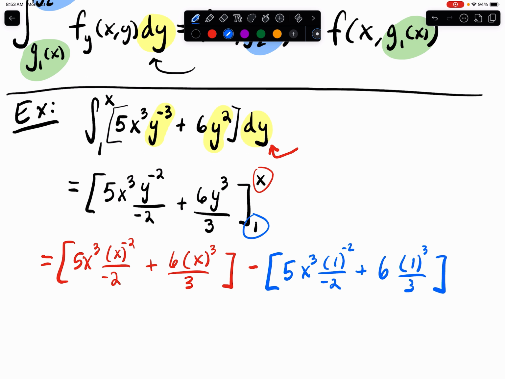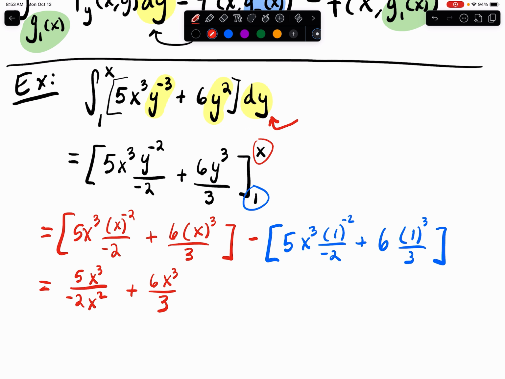All right. And so if I simplify this out, I'm going to have 5x cubed over negative 2x squared plus 6x cubed over 3, and then minus a minus, that's going to end up being plus 5 over 2 x cubed.